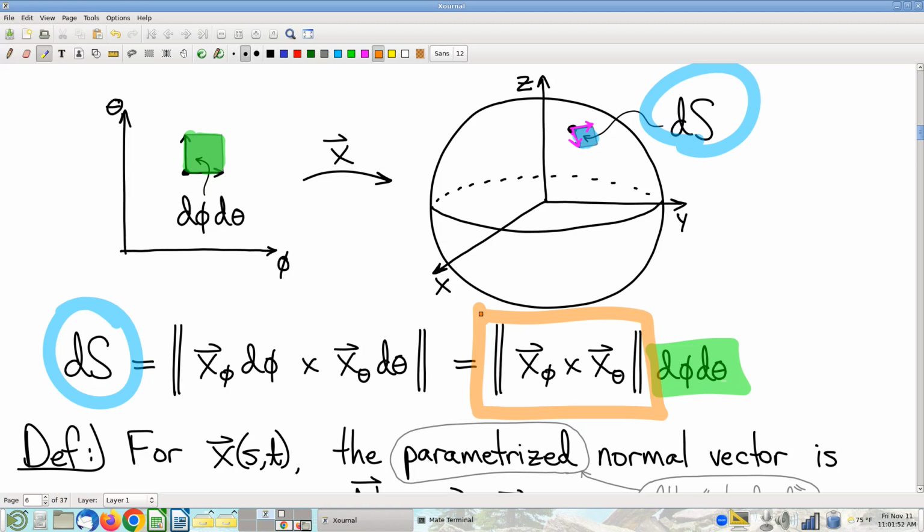For whatever it's worth, notice that this is kind of a rip-off of what we did with change of variables. We drew some vectors, computed an area, and then asked ourselves, well, how do I compute that area, and how does it relate to this other thing? The geometry is different. Here we're looking at a parallelogram in space instead of a parallelogram in the plane, and that's why we get a cross product instead of a determinant.